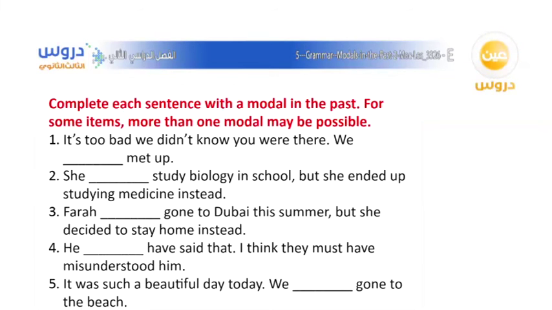Look, we use must when we draw a conclusion. Should? He should have said that. I think they must have misunderstood him. Even should. Should is not the right answer here. Think again.